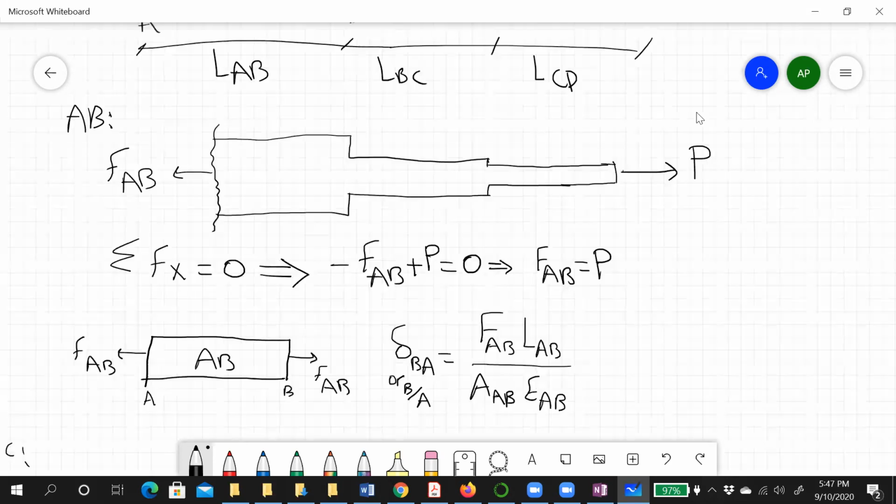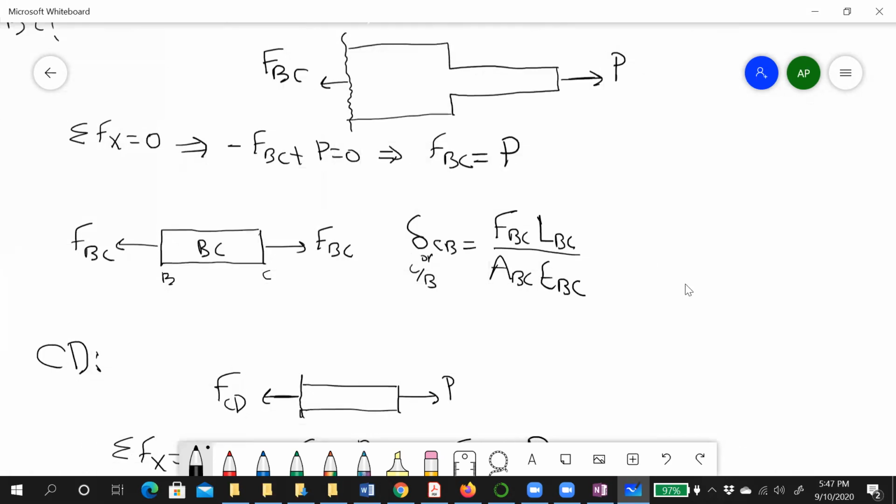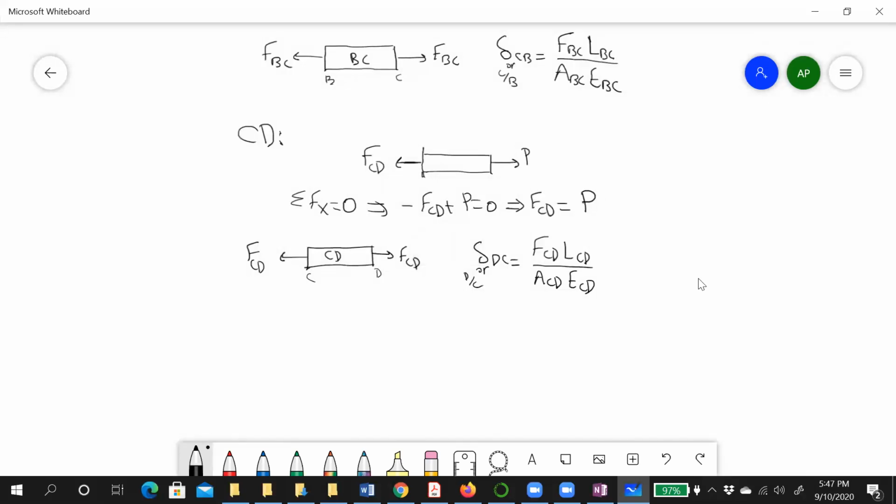So for here, let me write it here. The total delta D would be delta BA plus delta CB plus delta DC. That's the elongation at point D.